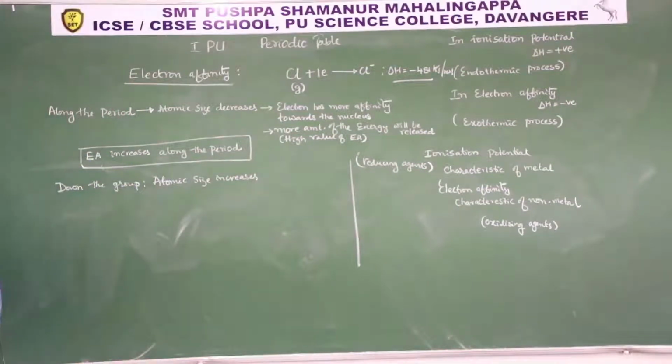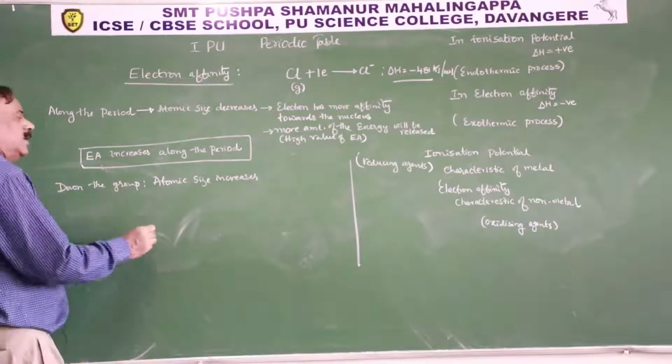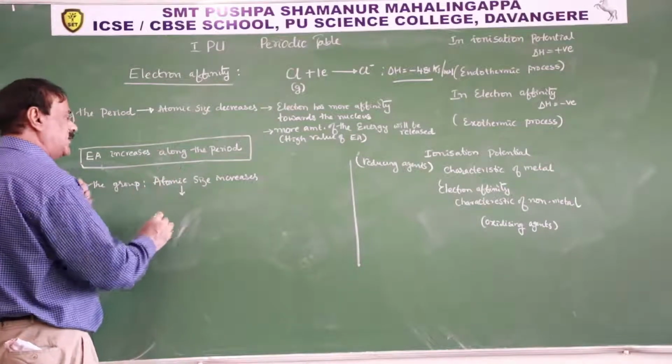Down the group, atomic size increases. Whenever the atomic size increases, what happens?